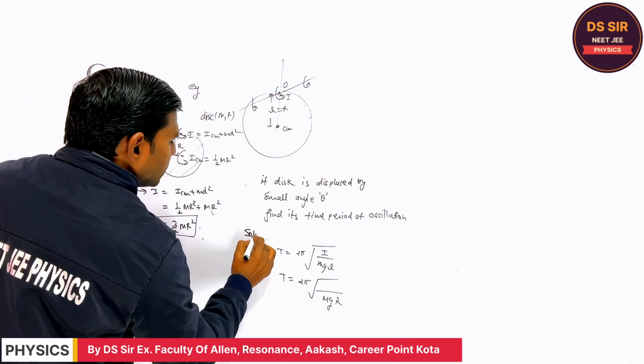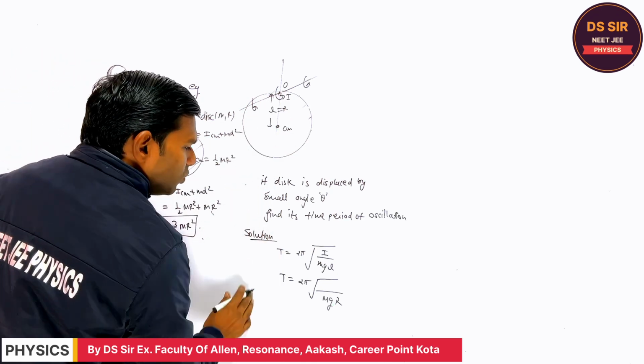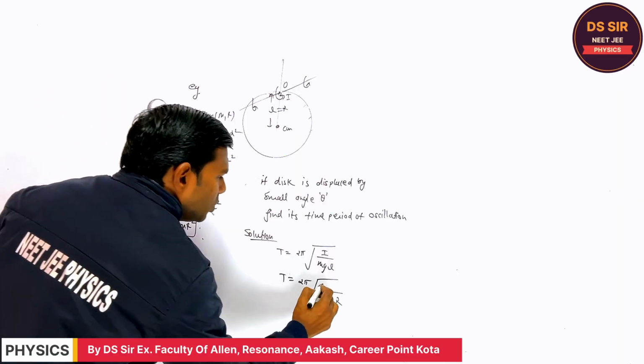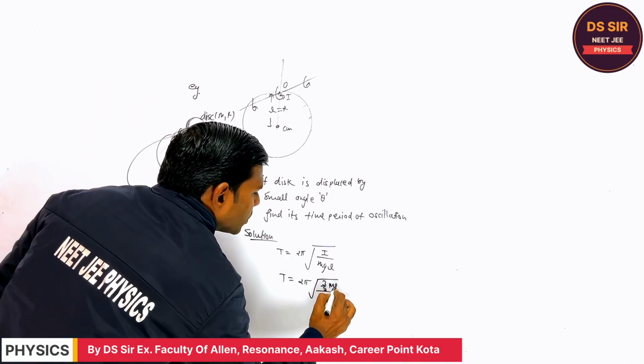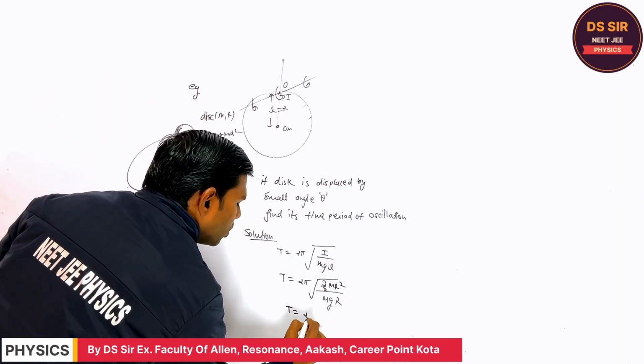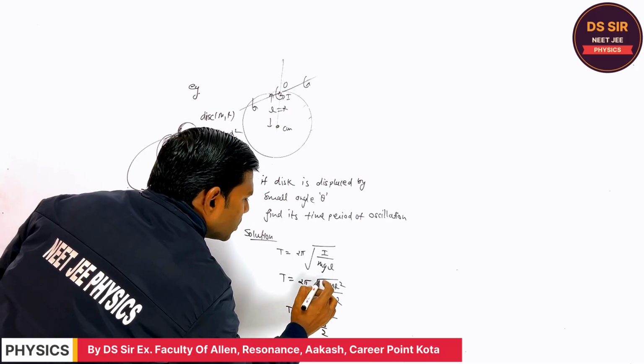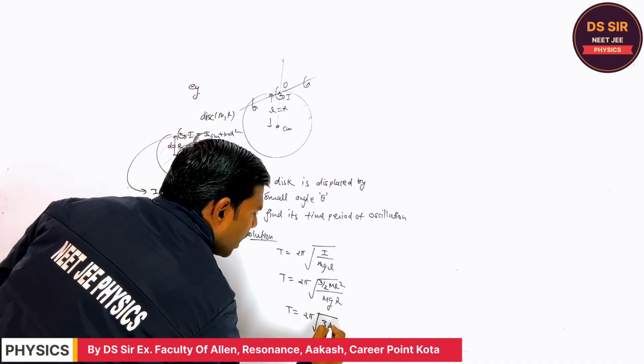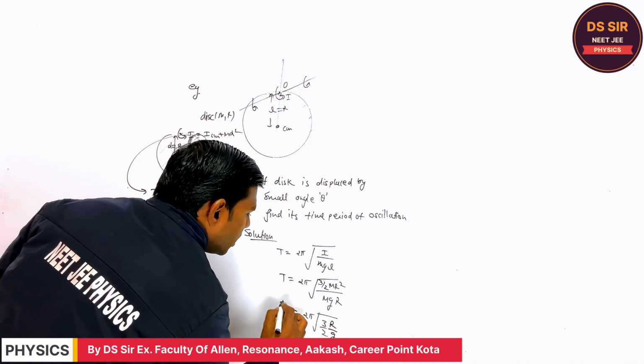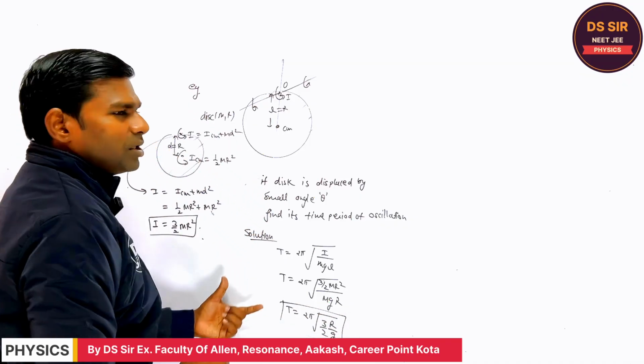You understand? So now you can put the value. I is equal to 3 by 2 mr square. What is the answer? T is 2 pi root 3 by 2 R upon g, which is the time period of oscillation.